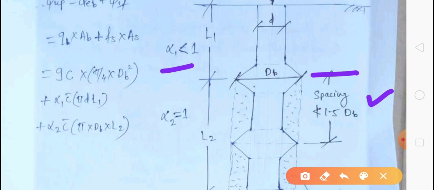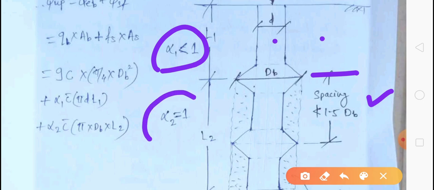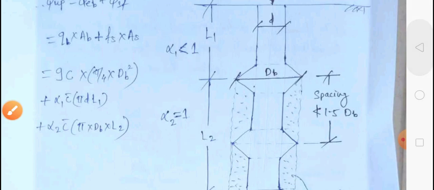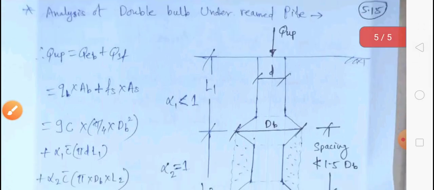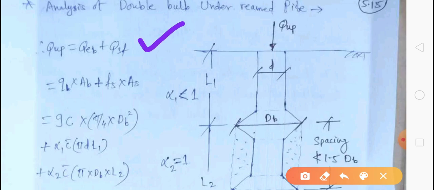I have taken alpha 1 less than 1 because of pile and soil, and alpha 2 equal to 1 because of soil and soil. These are the two materials. Now QUP, the load carrying capacity of the single pile, is given by QEB plus QSF.